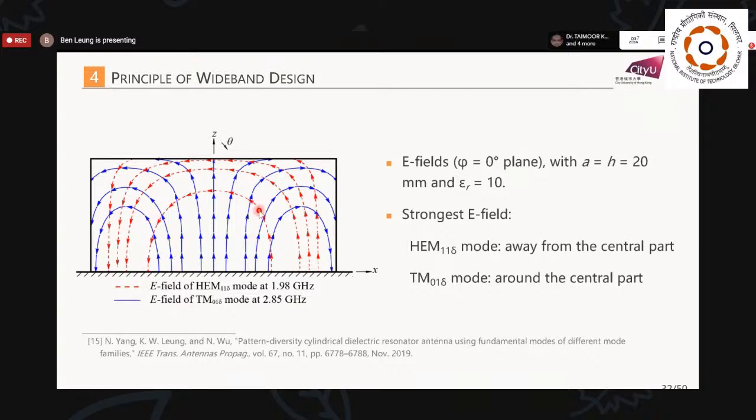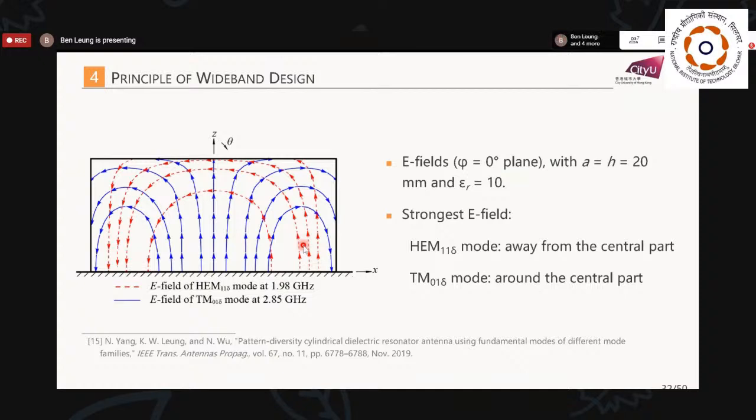Now we can see clearly that at the central region, it is mainly the TM mode field. For the HEM mode field, the central region is much less. And it suggests an idea that we can put a higher dielectric material inside this region so that it will affect the TM mode significantly, but will not affect the HEM11δ mode significantly.